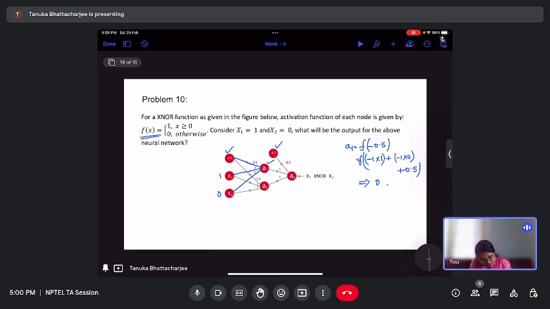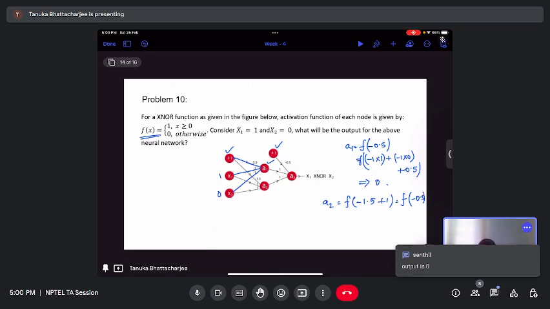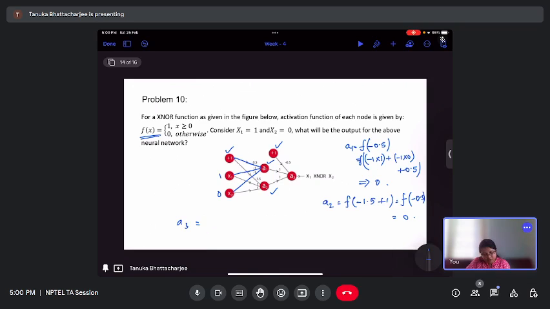Similarly, you can compute A2, which will be f of the bias term, which is -1.5 here, and both the weights are 1. So, you will just have 1. So, this is again f of -0.5. So, this is 0. Both A1, A2 are 0. Now, if you compute A3, you can see both A1, A2 are 0.